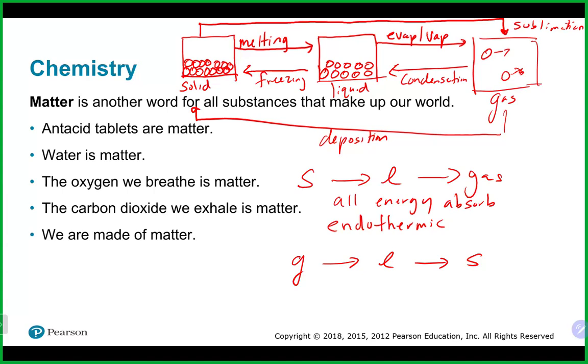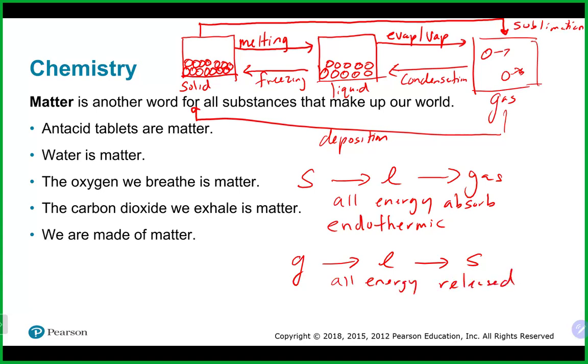If you continue to take energy out, they go from the liquid phase and continue to lock into each other into the solid phase as they continue to lose energy. So as we go from gas to liquid to solid, we are doing processes where energy is released.